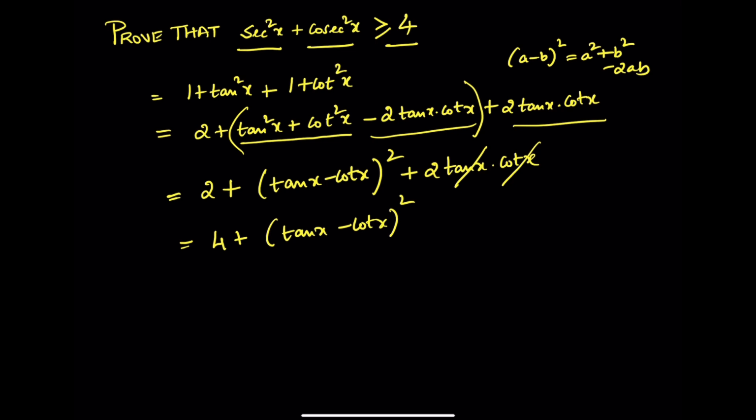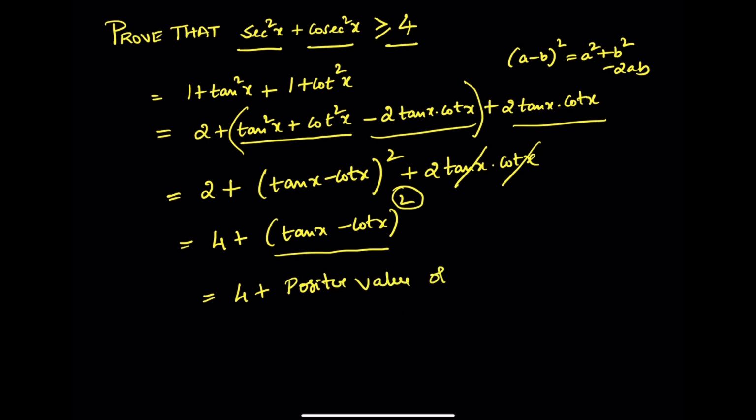Now if you notice here, what are the possible values of this part of the equation? It is either 0, where tan x minus cot x will result in a value 0, or even if it is a negative value, there is a square here. So this will be 4 plus some positive value, correct?